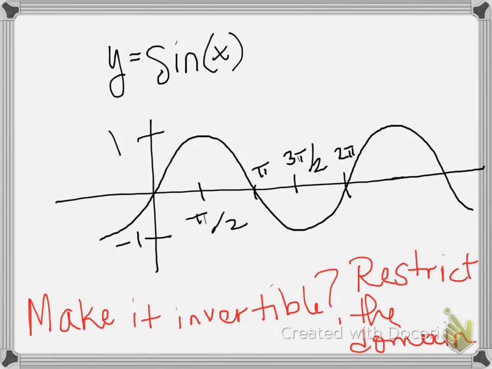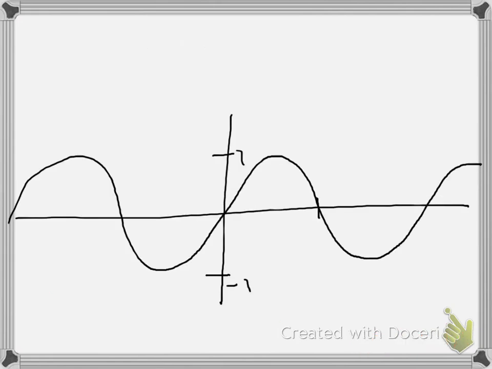Okay, so here I'm drawing the graph of y equals sine x again. And so we want to restrict the domain. We want to make a smaller domain so that we can find an inverse function. And the key is that when we're finding a restricted domain, we want to, number one, make sure that when we restrict the domain, we then have an invertible function.